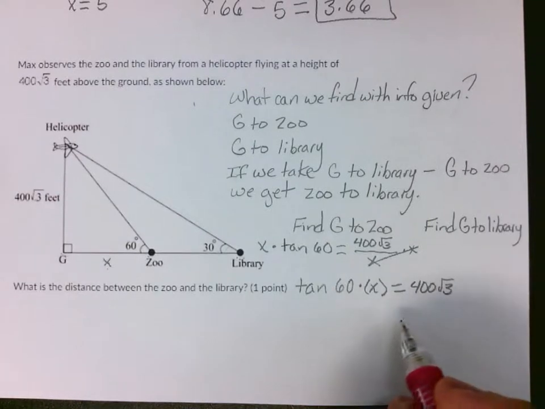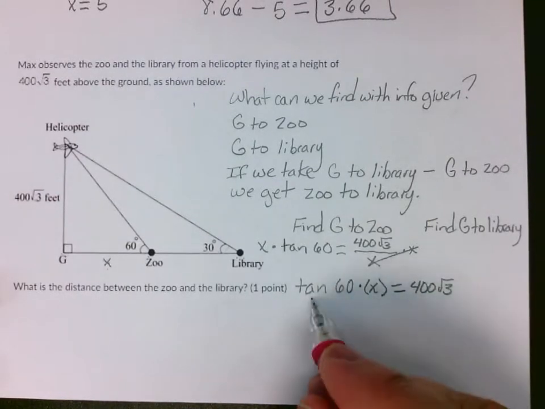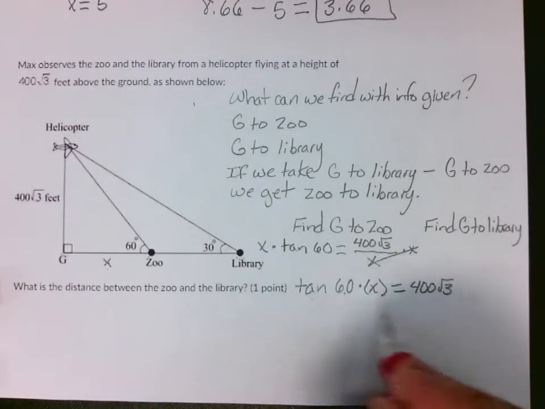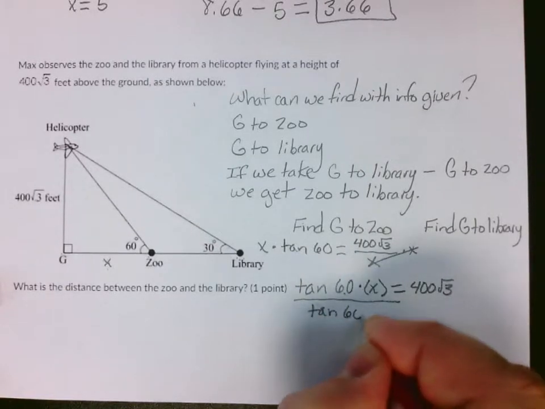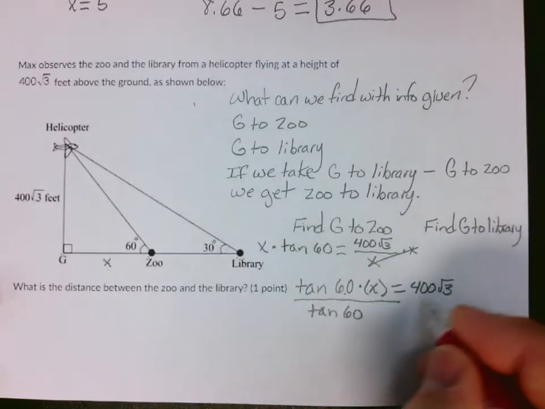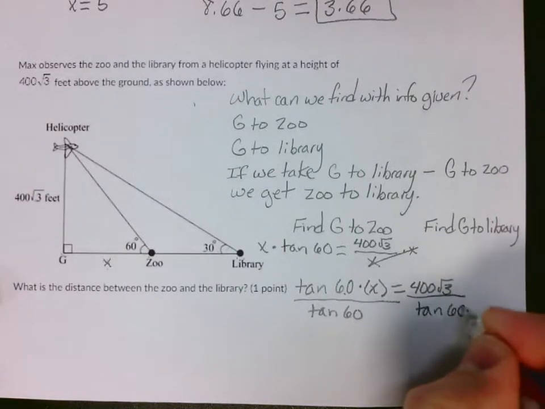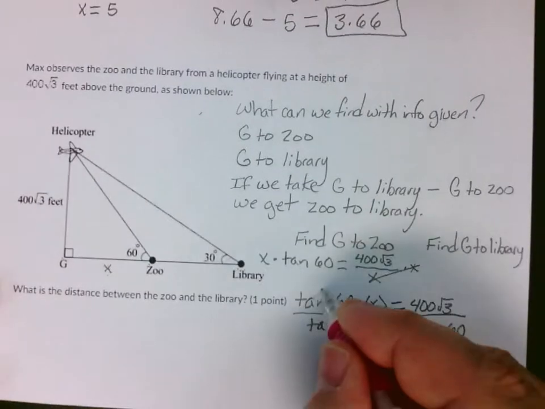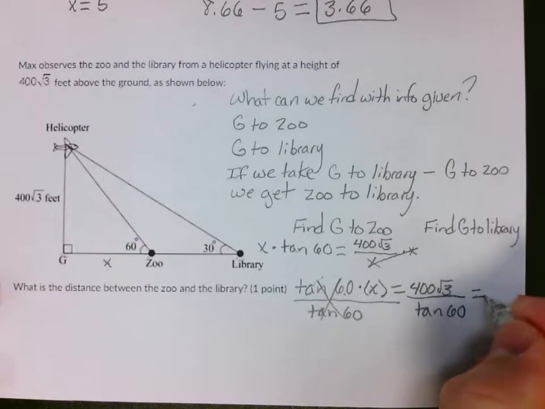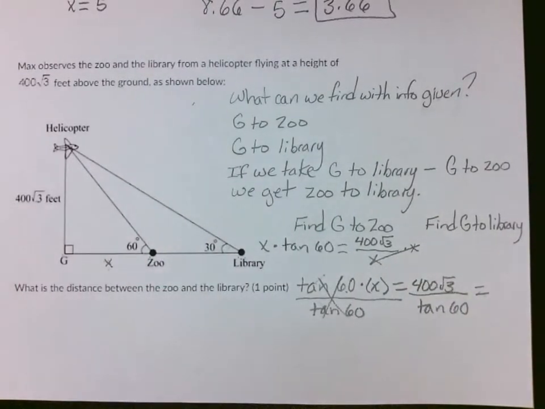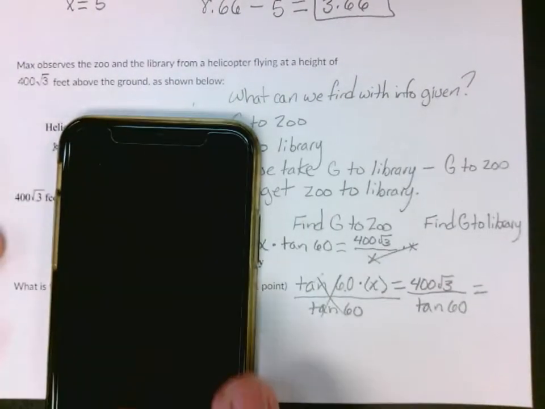Okay. All right, now it says tangent 60 times x, so we do the opposite of what it says. So we're going to divide by tangent to get rid of it on this side. So you get tangent 60, and then you got to take this side, tangent of 60. Okay, this cancels out, so you're left with just x. So let's see what this equals here. Again, we get our calculator out.